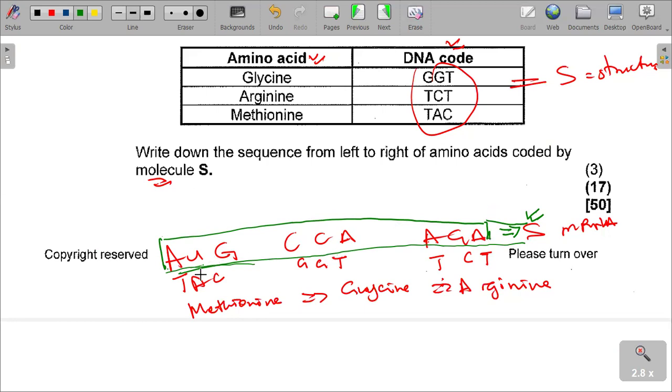We are just giving the corresponding DNA codes. For AUG, it is TAC. TAC is methionine, meaning we are going to write methionine first, and then CCA is GGT, which is glycine. And then lastly, arginine, which is given as TCT. Hence, that's how you write the order of these nitrogen bases.